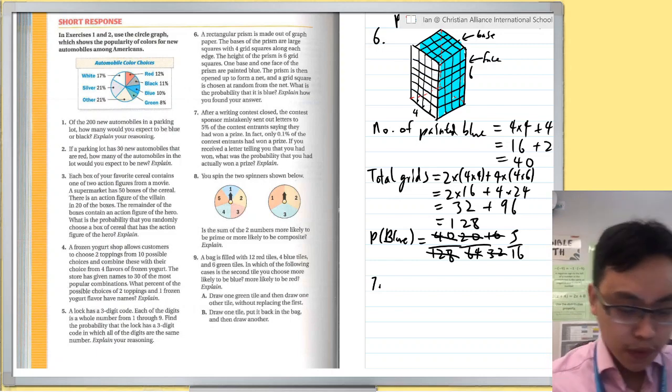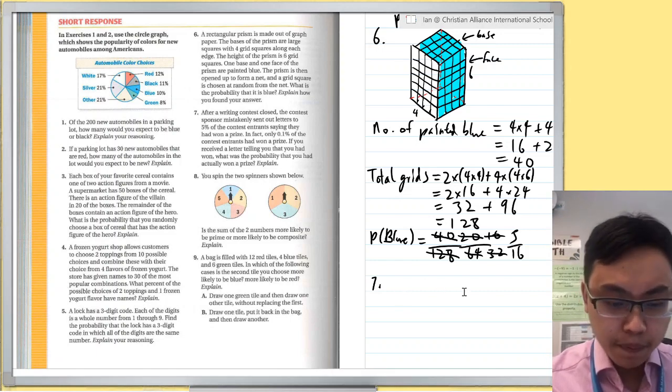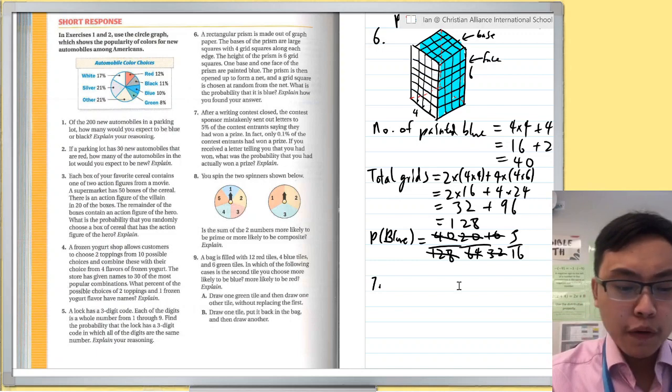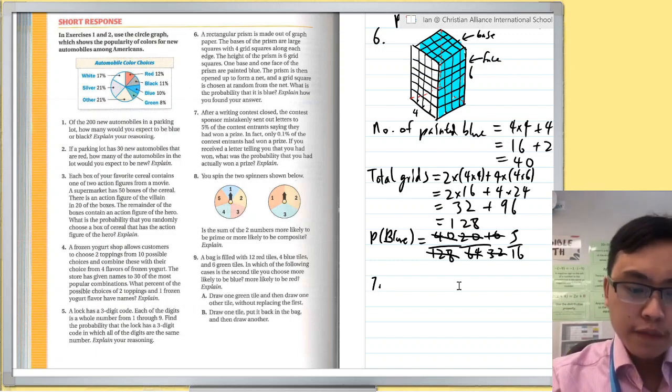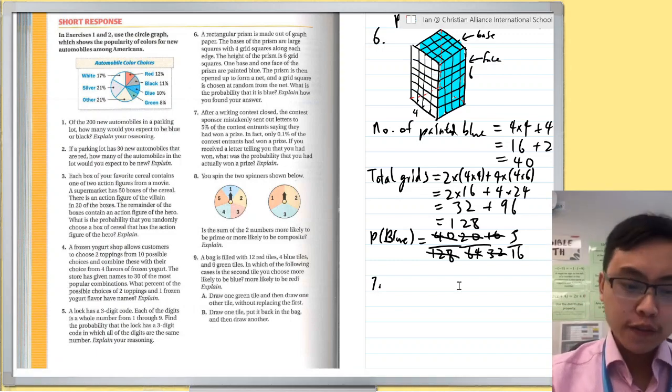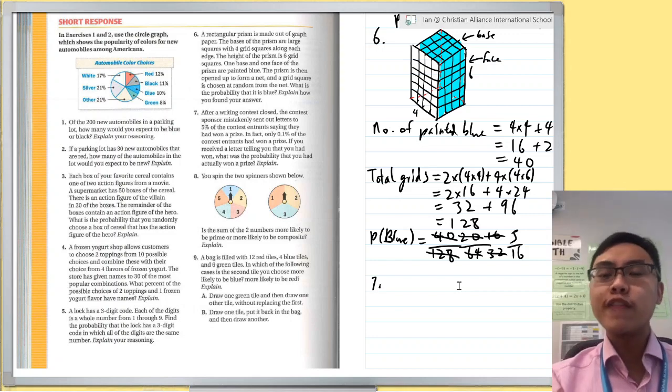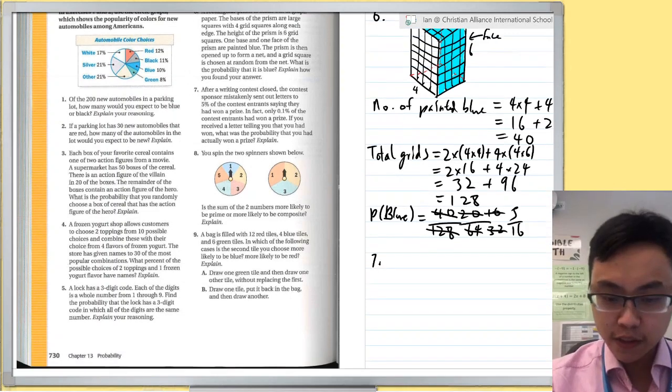So if we think about it, how many people have actually won? Let's imagine there were 1,000 contestants.